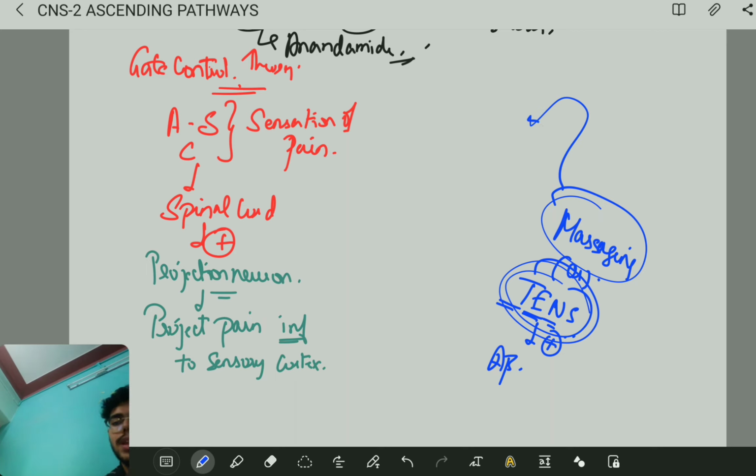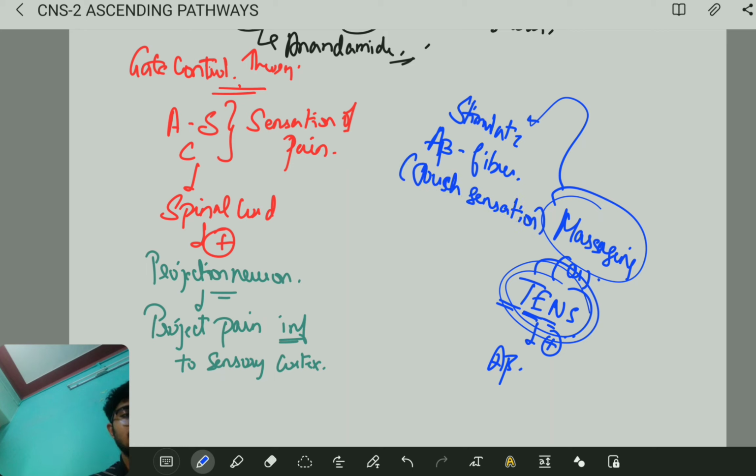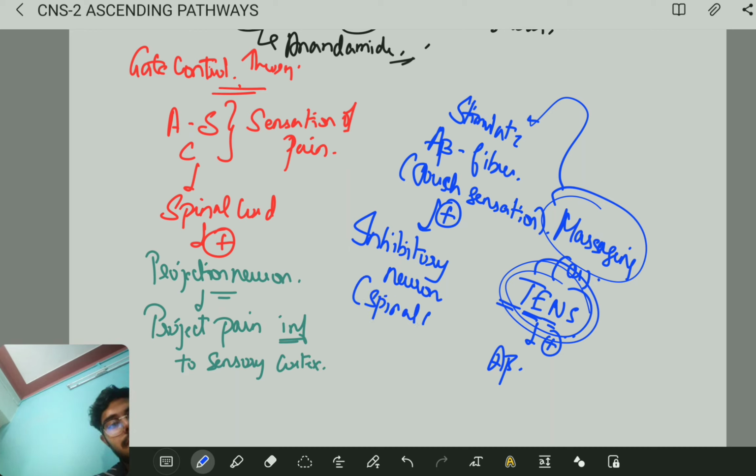That is going to stimulate your A beta fibers, that is your touch sensation, and it is going to activate the inhibitory neuron present in the spinal cord.